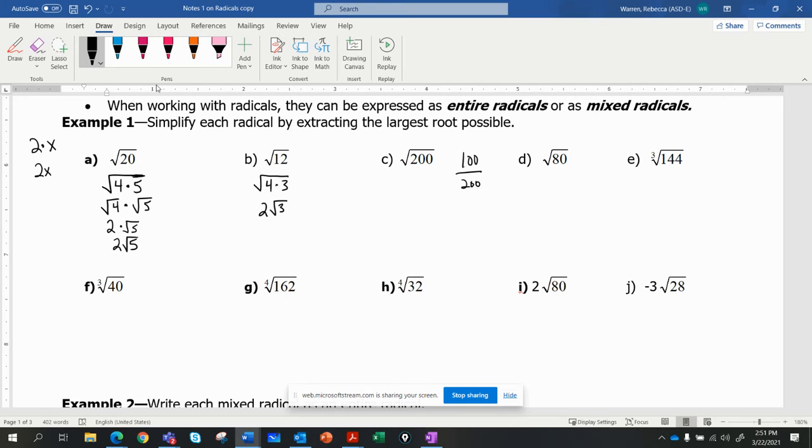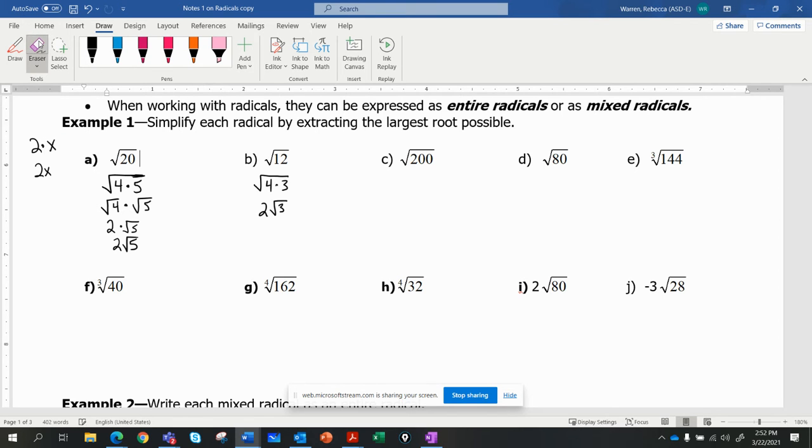Or if you find the greatest factor, you can get to 1 over 2 in one step. It's the same kind of principle. You can divide 200 any way you want and eventually get to the right answer. It's just going to be a lot more steps. But if you find the biggest factor that is also a perfect square, you're going to get to that answer faster.